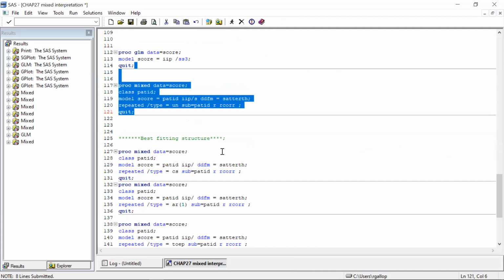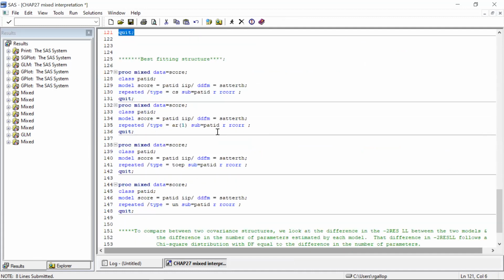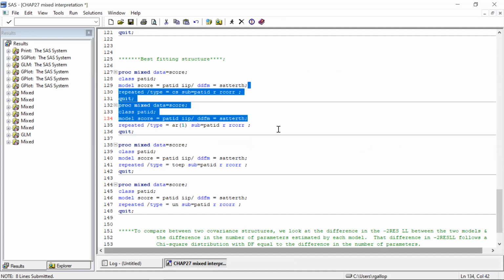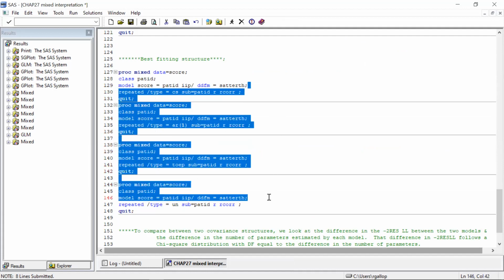So again, like we said, for fitting the best variance covariance matrix, we fit each model separately, changing the variance covariance matrix design. When we're looking at the output, the only thing we're looking at is the respective fit statistics and the number of terms in the variance covariance matrix estimated by each.